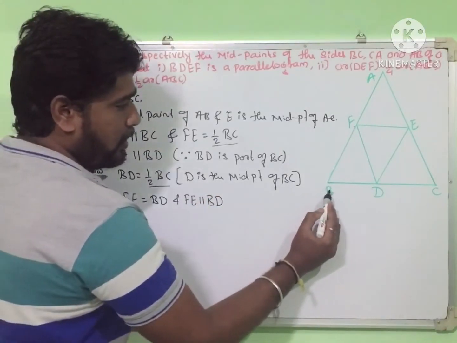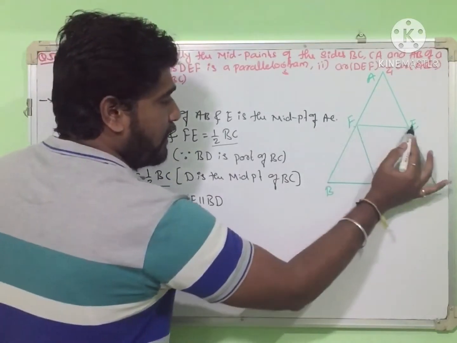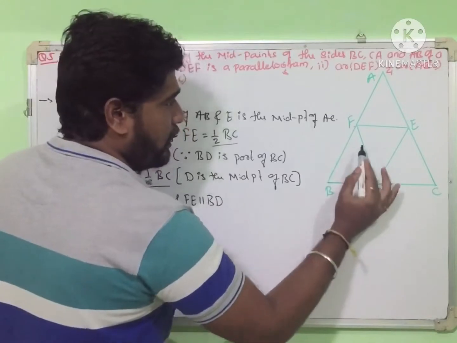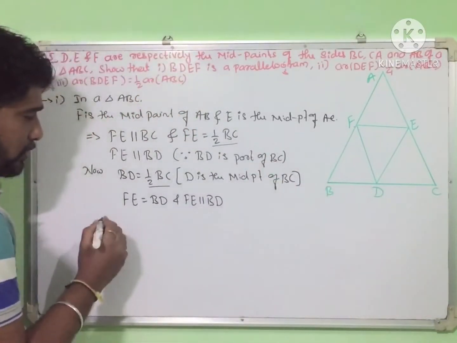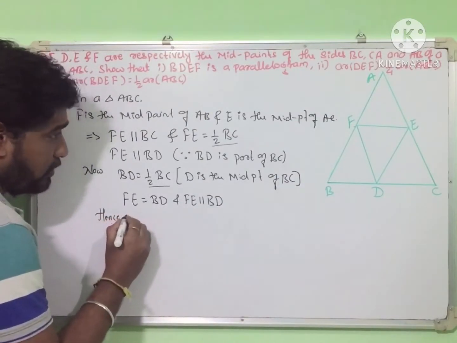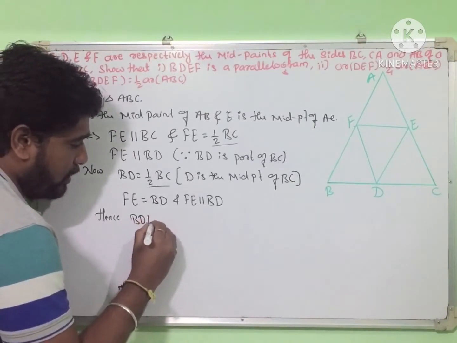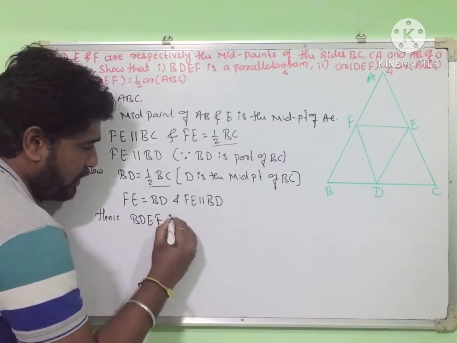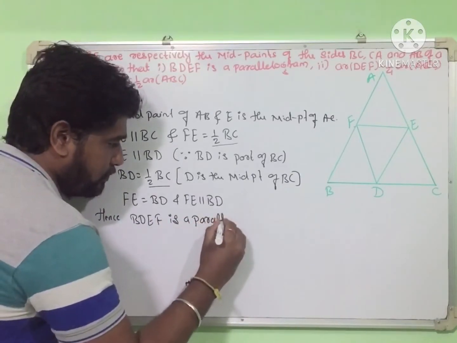In the quadrilateral BDEF, FE is parallel to BD and FE is equal to BD. It means it is a parallelogram. So hence BDEF is a parallelogram.